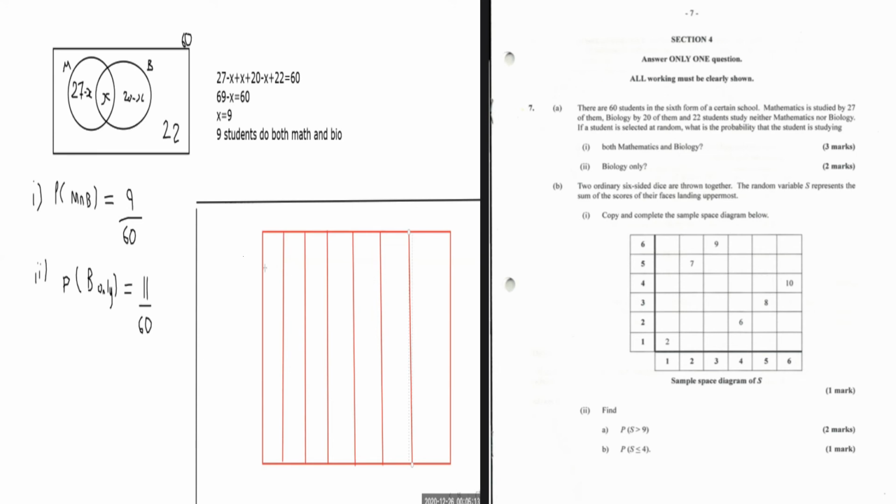Yeah, this is good. Then we need 6 going down. 1, 2, 3, 4, 5, 6.